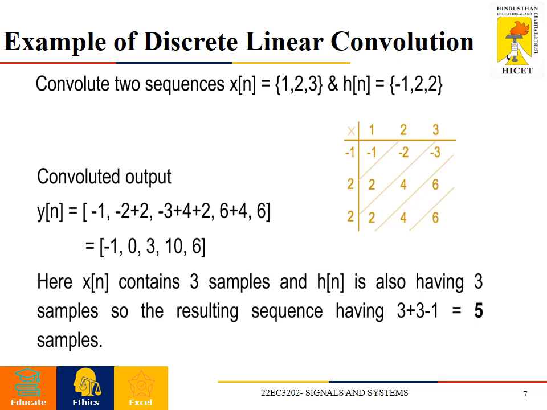Here is another example of linear convolution. Here x of n equal to 1, 2, 3 and h of n equal to minus 1, 2, 2.